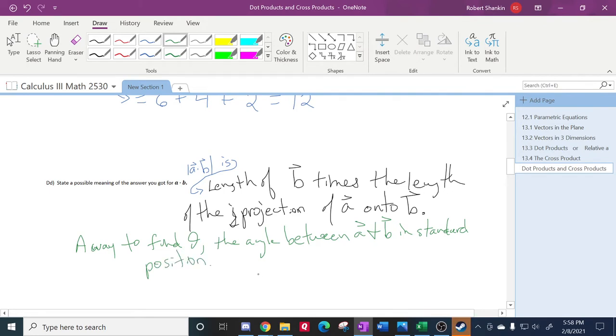This is a nice little formula: cosine of theta is the dot product divided by their magnitudes multiplied together. Okay, anything else?